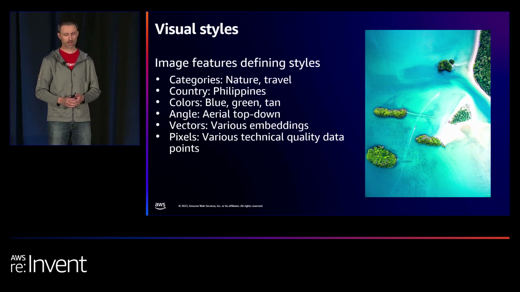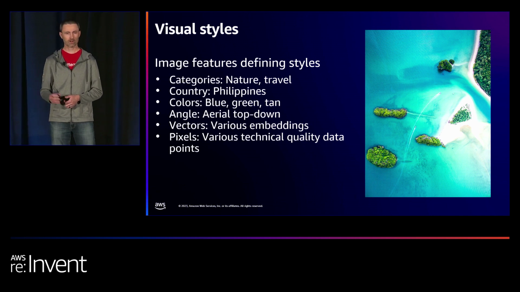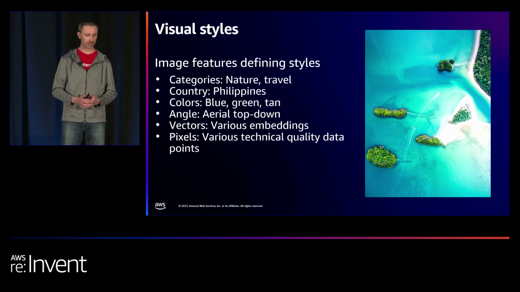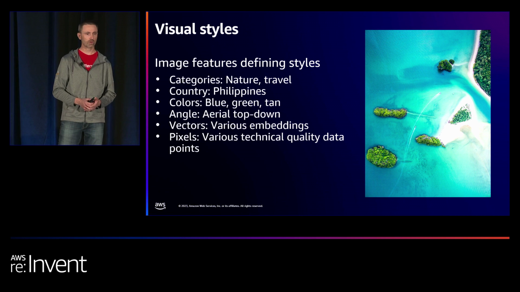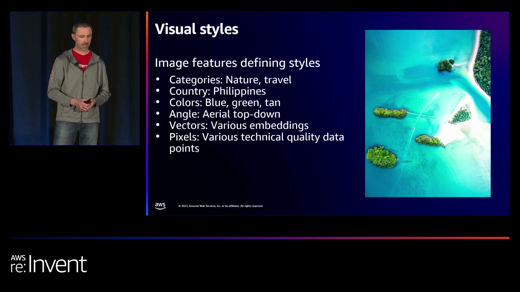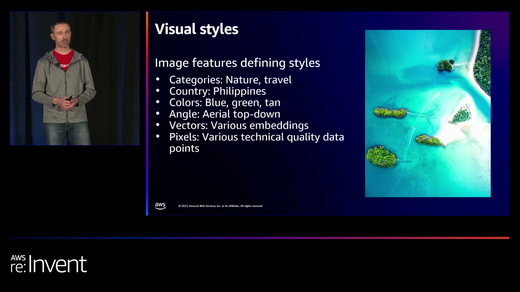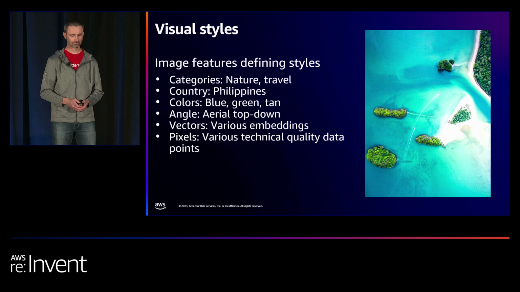To learn visual styles, we've been experimenting with different image features. Here's some examples that we use. You can look at this photo. It's a beautiful turquoise beach photo, aerial. We also experiment with some first-party data we've collected, as well as various vector embeddings.